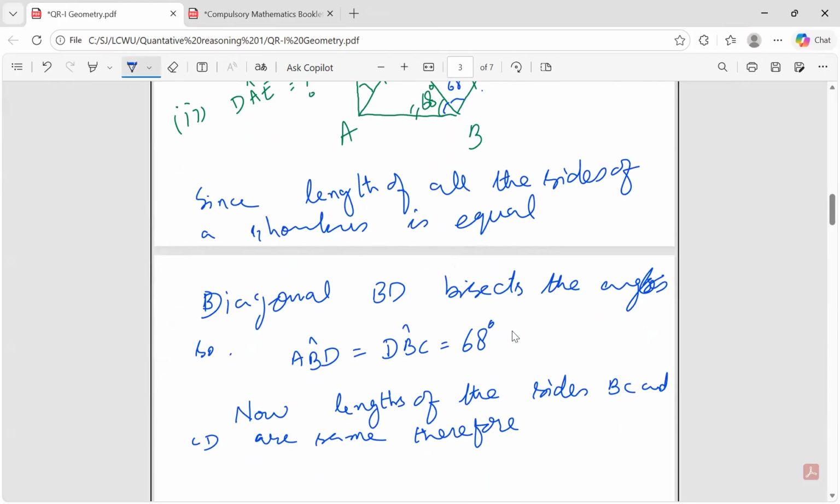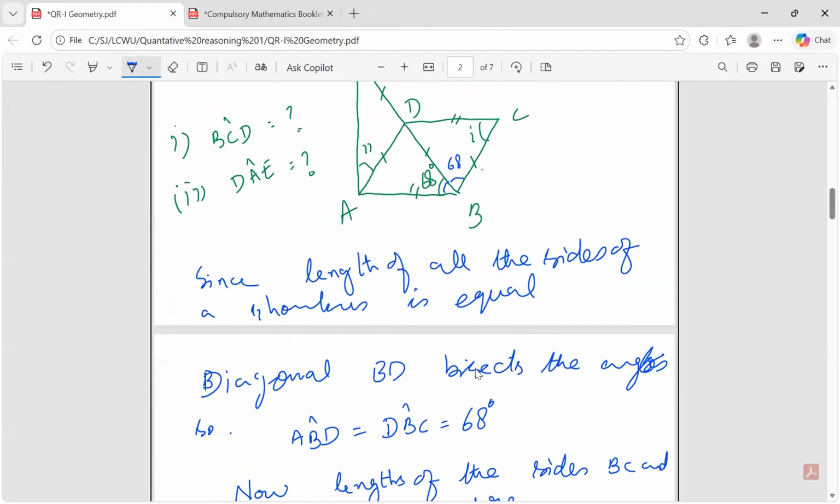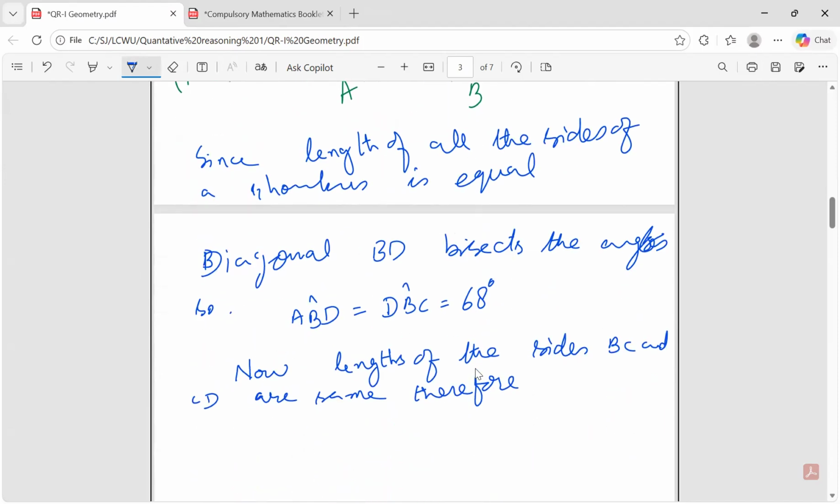Therefore, this one angle will also be equal to this, and that is again a 68 degree angle. Therefore, angle BDC is equal to angle DBC, and both are 68 degrees.